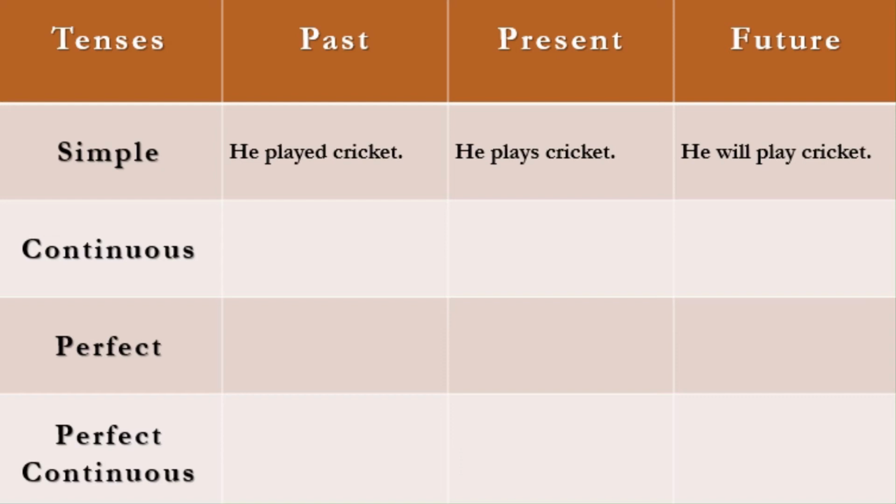Here are the first three structures of the first category, simple. Past simple is the subject, then the past form of the verb, usually known as the second form of the verb, and then the object. Then we move on to the present simple, where the first or the present form of the verb is used, but an S has been added after the present form of the verb, which we have discussed.